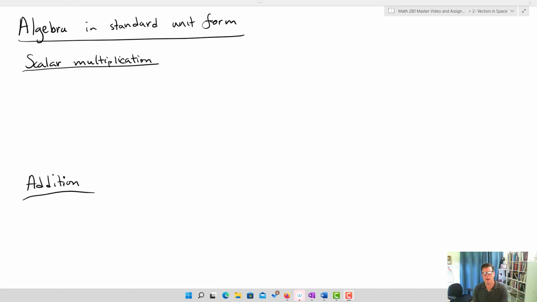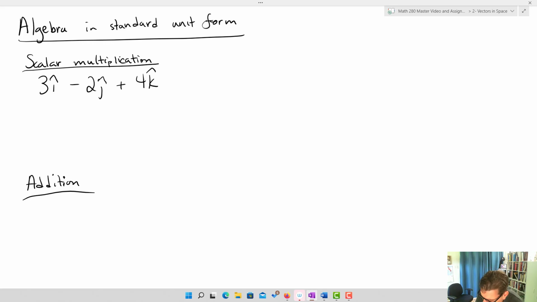So the next thing you want to look at is we now want to look at algebra in a standard unit form. One of the things you're going to notice is that we don't utilize the linear combination form, like scalar times the standard unit form plus scalar times the standard unit form. And a lot of that is because actually the standard unit form is itself a linear combination. Okay, so for example, let's say I have 3i minus 2j plus 4k.